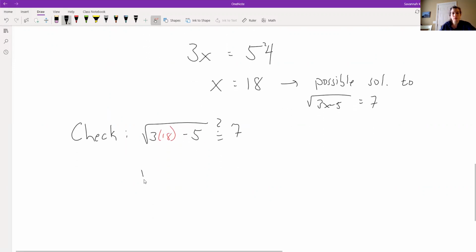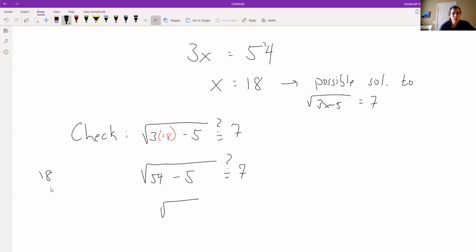So see if we get a true thing here. Let's see, 3 times 18 minus 5, does that equal 7? Like I did something wrong here. My horizontal multiplication, 8, 16, 24, 3, 4, 5, 4.